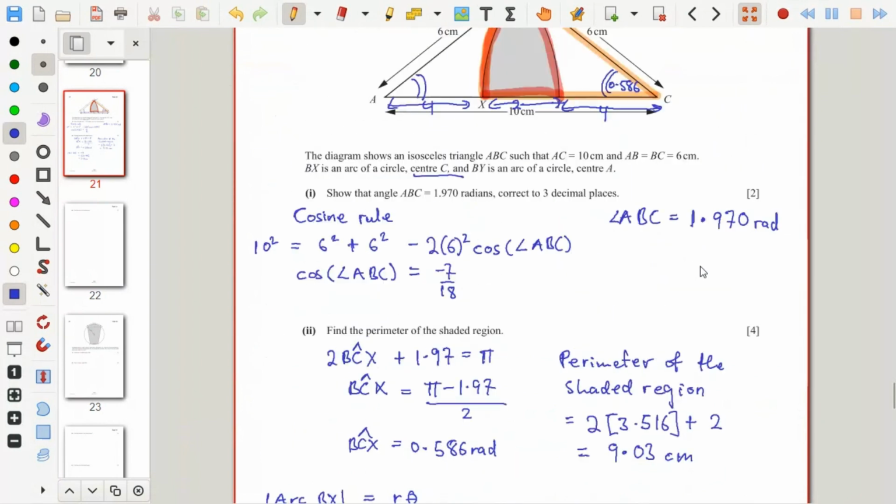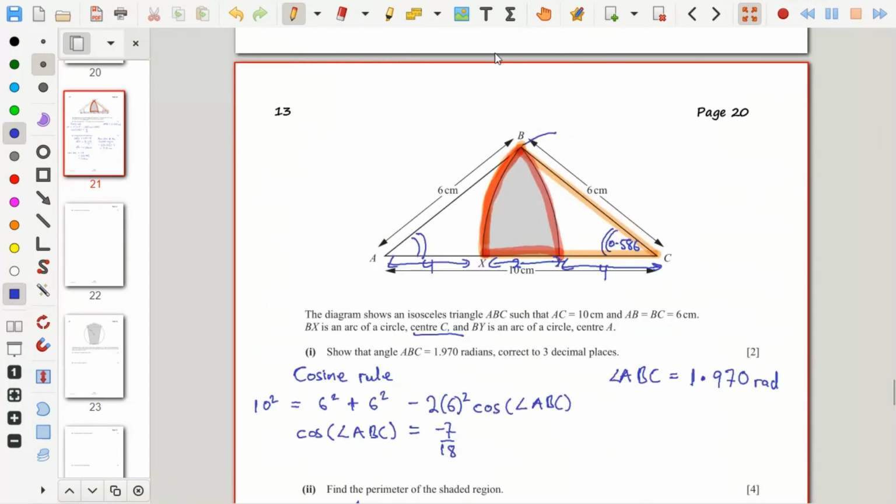Go back to the diagram and look at something carefully. Now look at this. Let me connect.